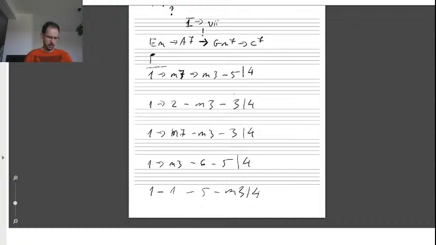So this case will be an E, going to a D, if I don't want to go to any D, then minor third is, say, second isn't, it's a G, and the fifth is a B, and then we arrive at the A.